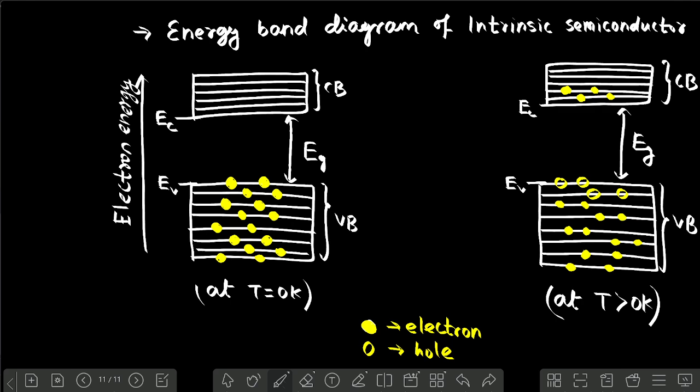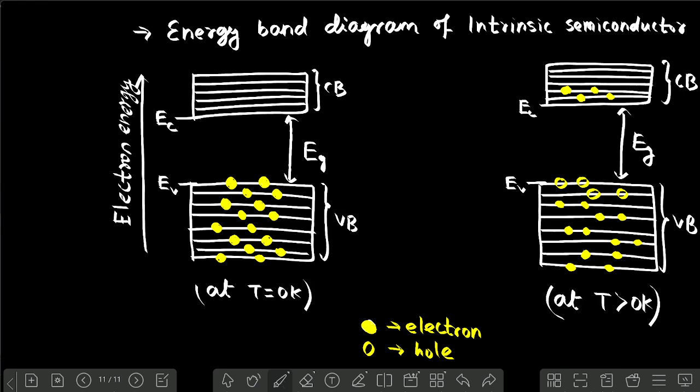Empty circle is a hole, is that clear? So a filled circle is basically an electron, an empty circle is a hole. Yes or no? So this diagram you should remember. A 3 mark or 2 mark question they can ask to draw the diagram.